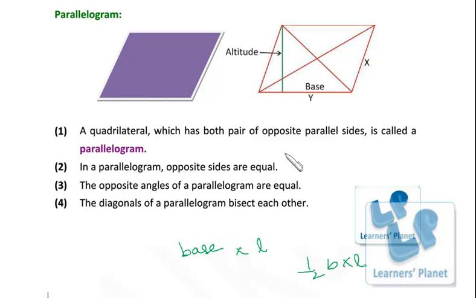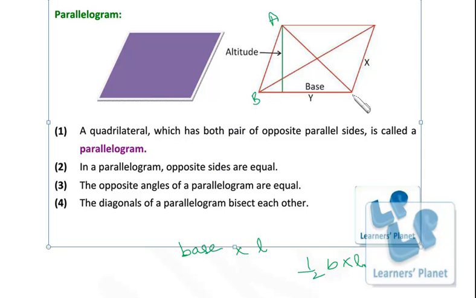So we can say that the diagonal of a parallelogram divides the parallelogram into two equal triangles, okay? So here, if it is A, B, C, D, then the area of triangle ABC will be equal to the area of triangle BDC.